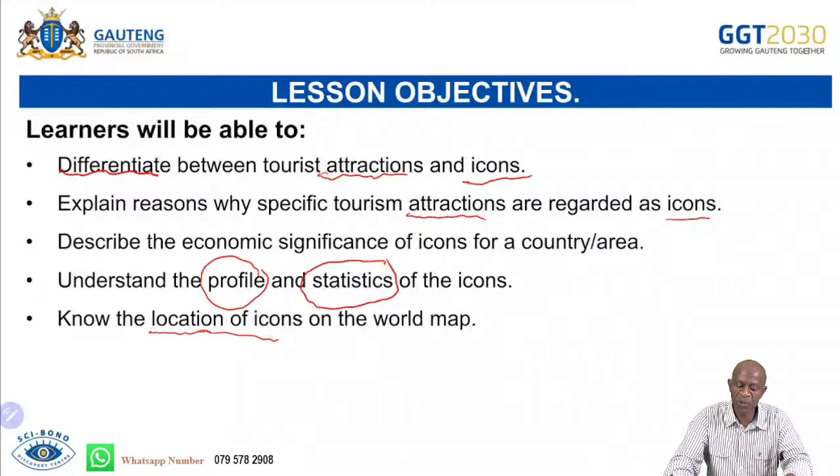You should be able to not only give their position or situation, but their location in respect of the world map. So you need to know where they are positioned on your world map. Those are the areas that we should be able to achieve at the end of the lesson.